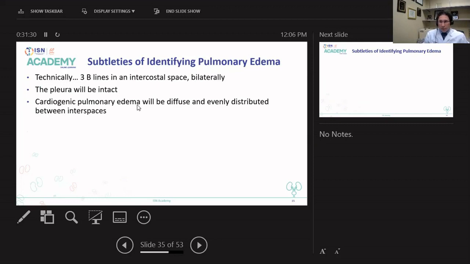So yes, technically, if you have a positive region here and a positive region here, but all other regions are A-lines, that technically is a B-line pattern by definition. But that's very unlikely to be pulmonary edema. Pulmonary edema is a diffuse process.